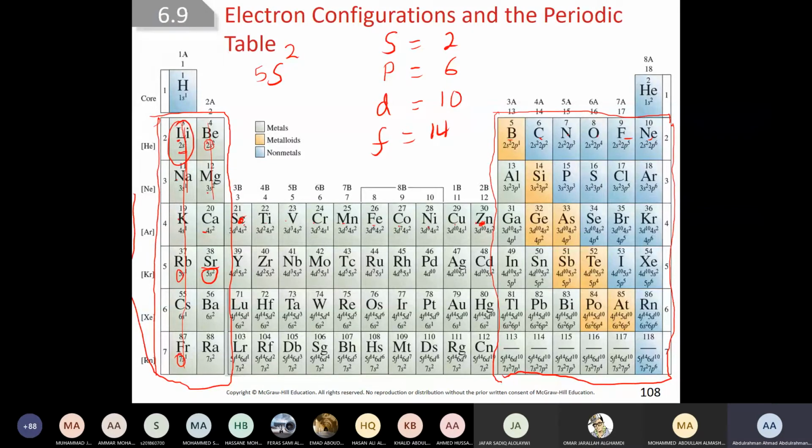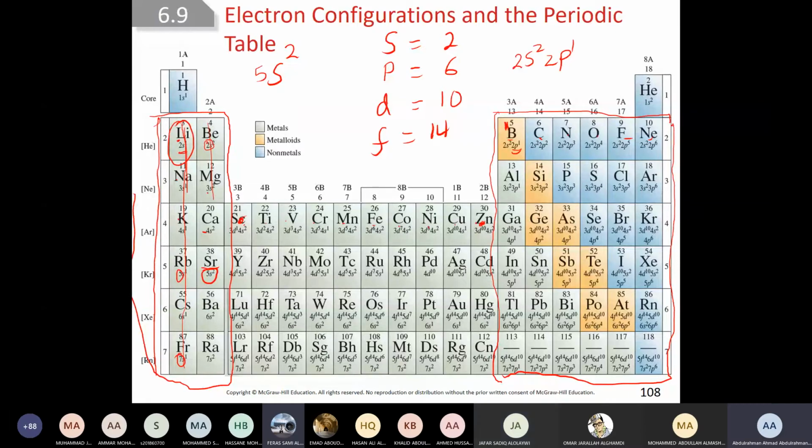How about for this column, boron? What's the last orbital? It will be 2s2, 2p1. Exactly.